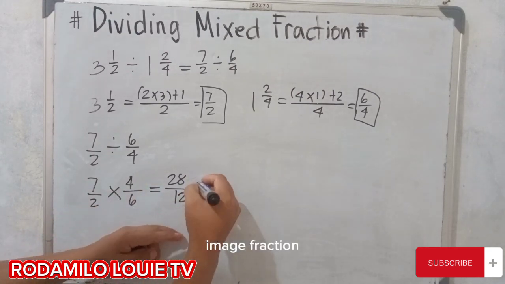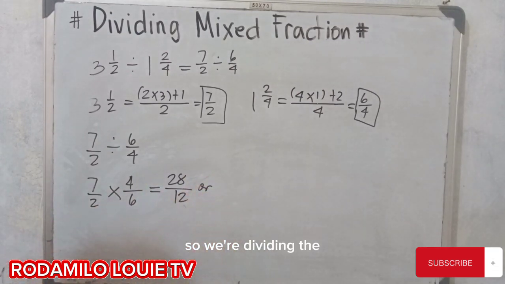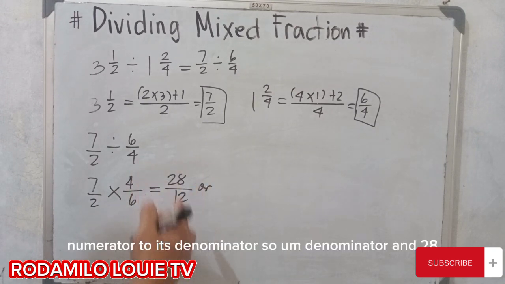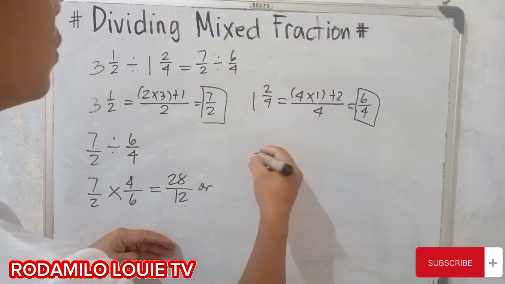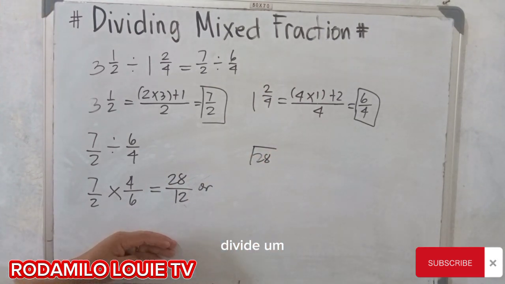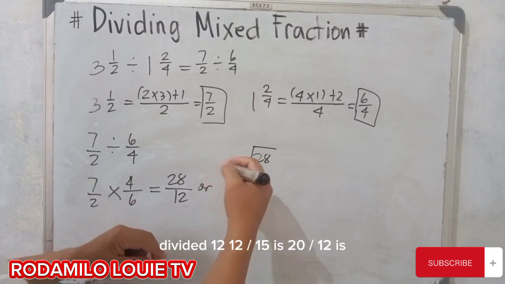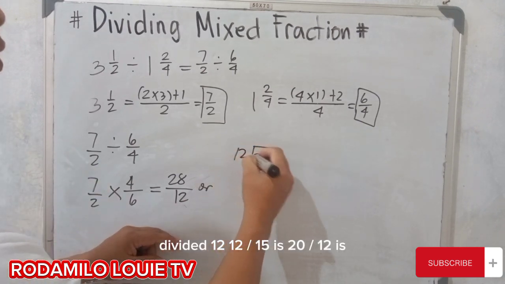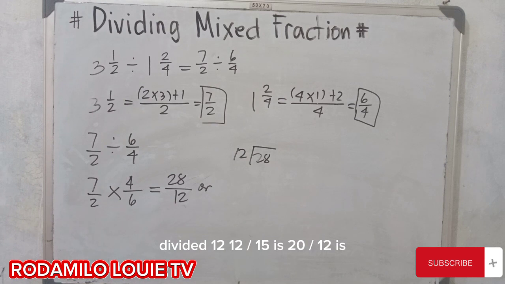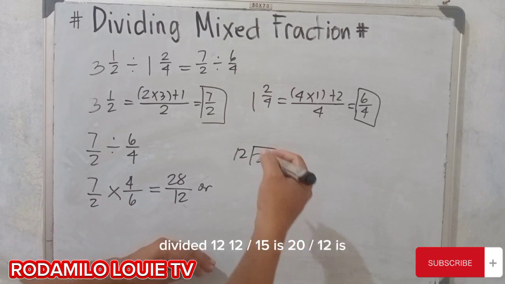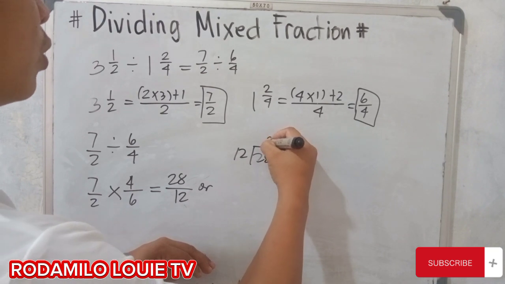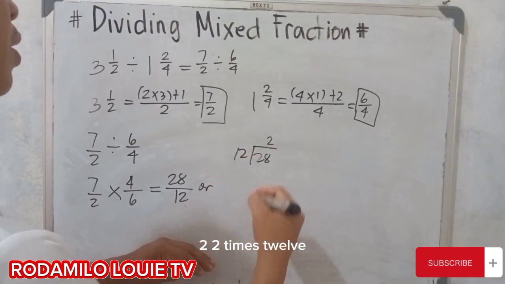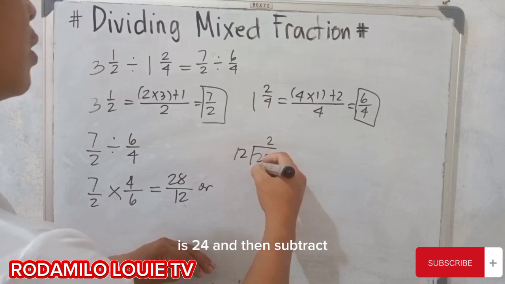Mixed fraction, by dividing the numerator by its denominator. So we divide 28 by 12. 28 divided by 12 is 2. 2 times 12 is 24.